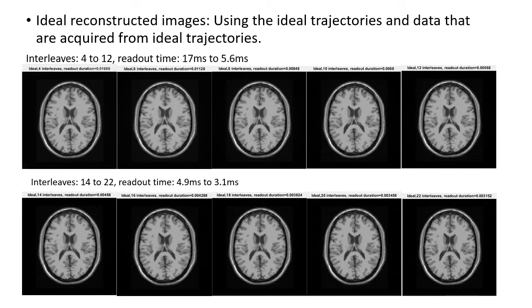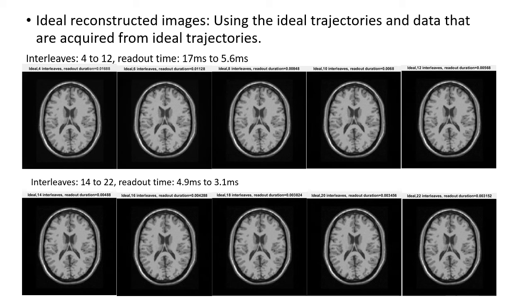This is the ideal reconstructed images, which uses the ideal trajectories and data that are acquired from ideal trajectories. In the first line, the interleaves are set from 4 to 12, and the corresponding readout time is 17 milliseconds to 5.6 milliseconds. For the second line, the interleaves are 14 to 22.